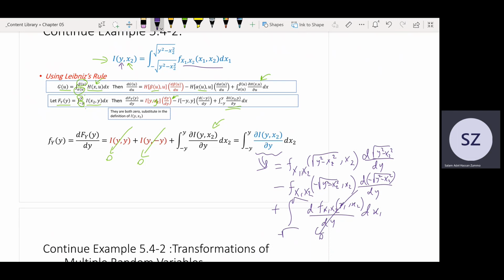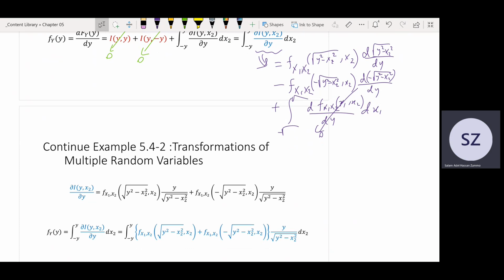So what do I have here? I have the PDF evaluated at this, multiplied by the derivative, minus the PDF evaluated at this, multiplied by the derivative. It's the PDF evaluated at the square root of y squared minus x2 squared, multiplied by the derivative of this.